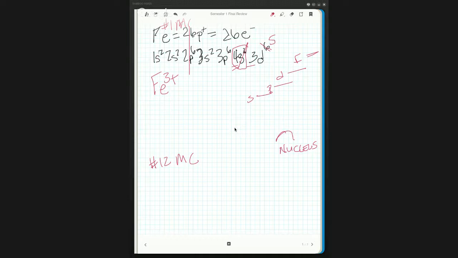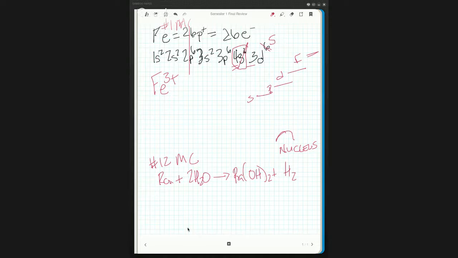And we have the reaction Ra plus 2 H2O. How nice it was balanced for you. Goes to Ra(OH)2, radium hydroxide, plus H2.